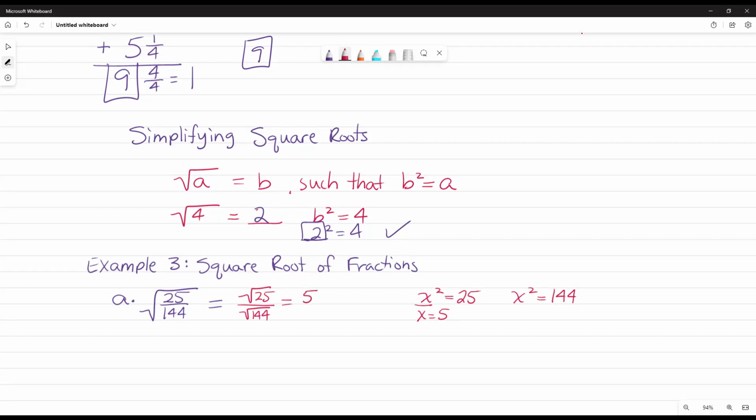What about 144? 12 squared equals 144. So the square root of 144 equals 12, that's my denominator. So we are done.